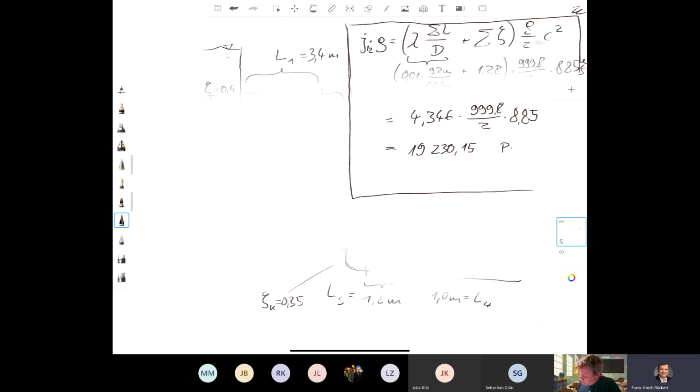Yeah, this is a pressure drop in Pascal, and it's not so much. Pressure drop in Pascal. Okay, so now we can take this pressure drop, repeat the steps, and add it to our Bernoulli equation.